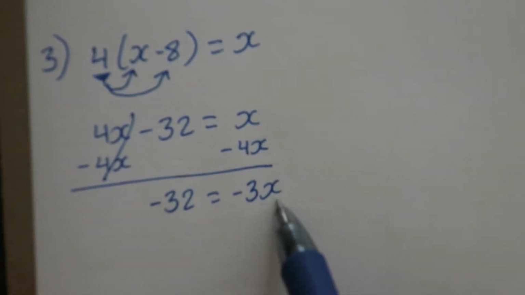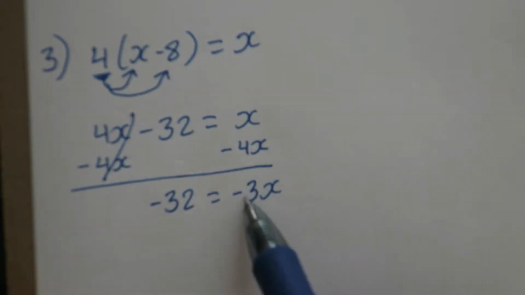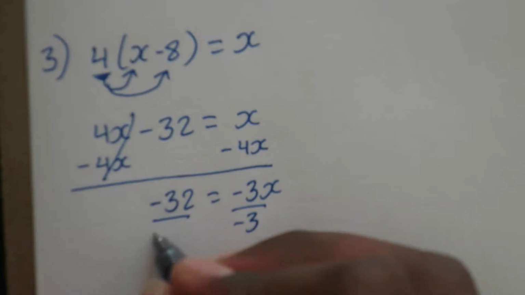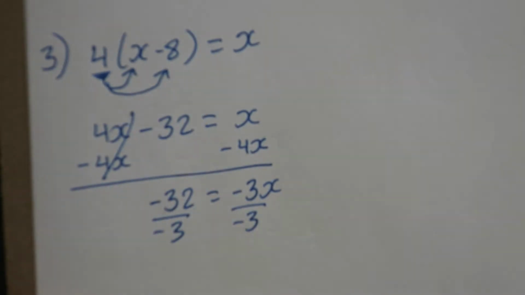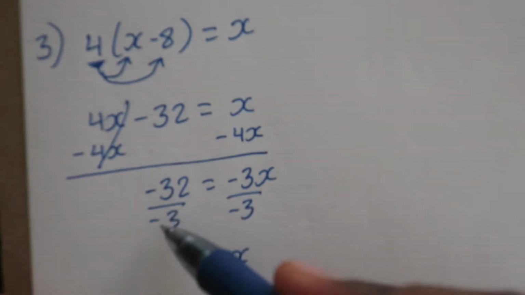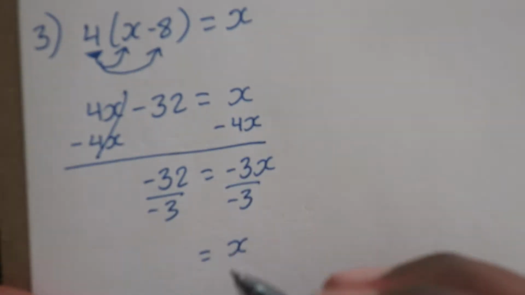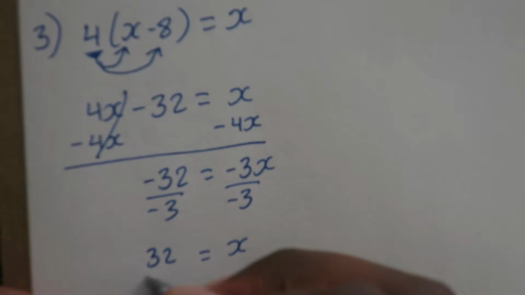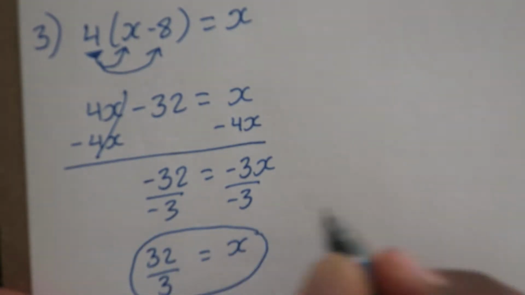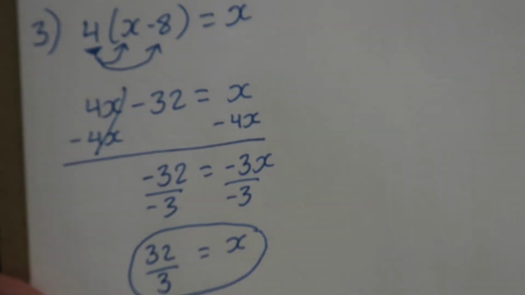Next step would be to do the inverse of multiplication, which is dividing by -3. And that gives you a result of x equals a negative divided by a negative is positive. And I'll just leave it at 32/3. And of course you can simplify it into decimal form if you want.